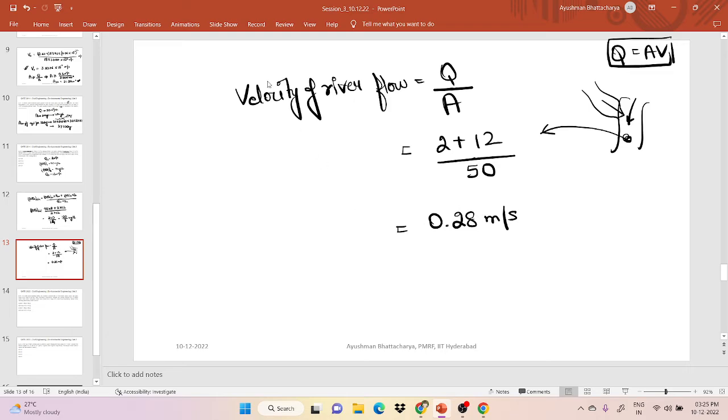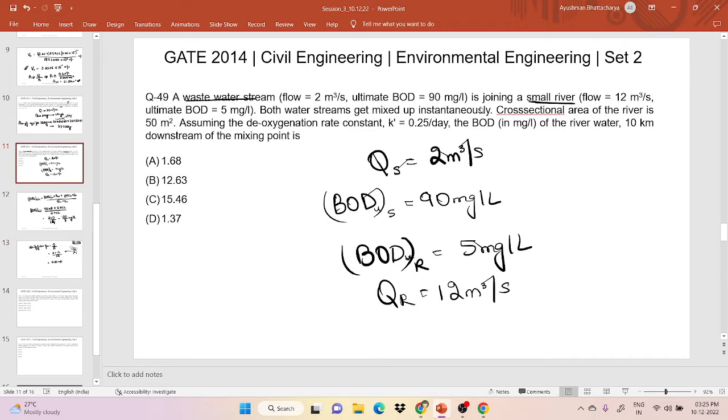Now once we know the velocity of river flow, we will calculate the time. So for 10 kilometer downstream of the mixing point, what is the time taken to cover 10 kilometer.